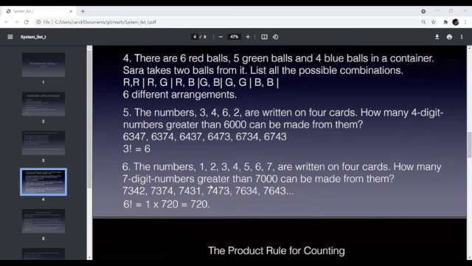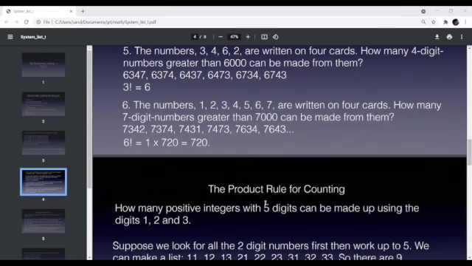How many 7-digit numbers greater than 7,000 can be made from them? 7,342, 7,374, 7,431, 7,473, 7,634, 7,643, and so on. 6 factorial is 6 times 5 times 4 times 3 times 2 times 1, or just easier, 720.